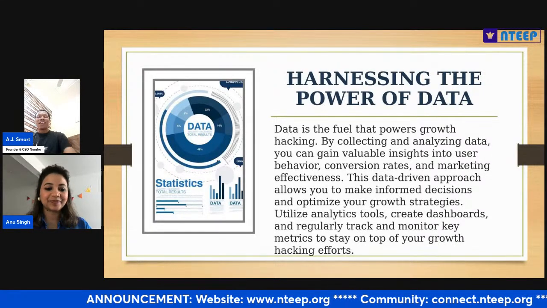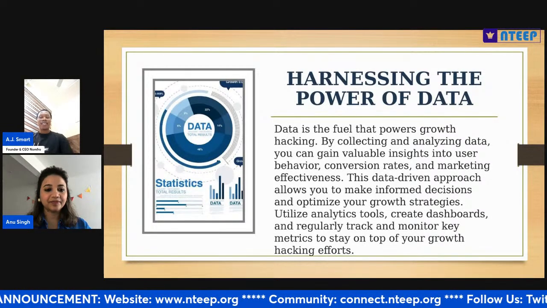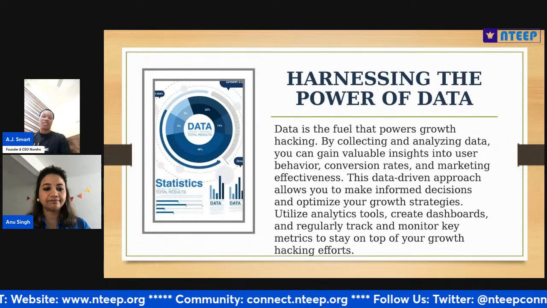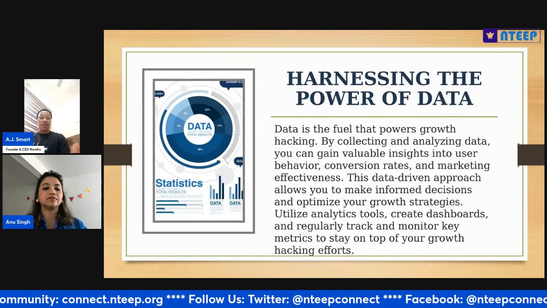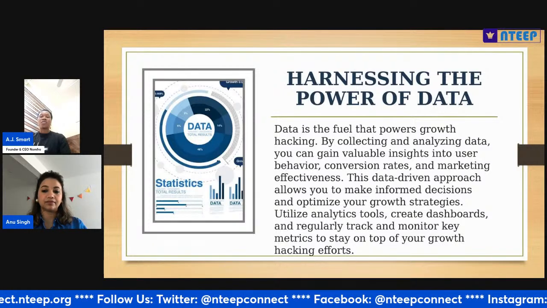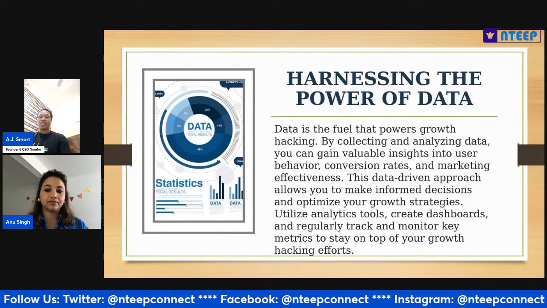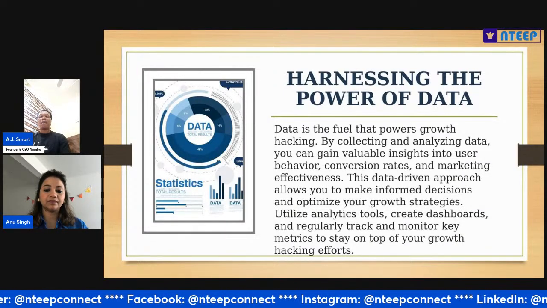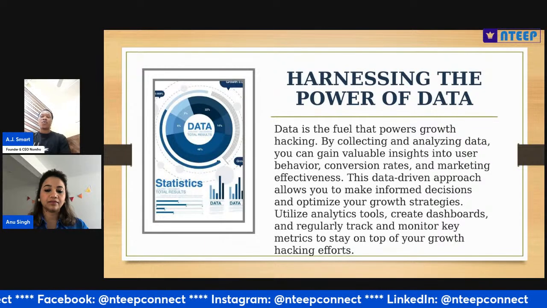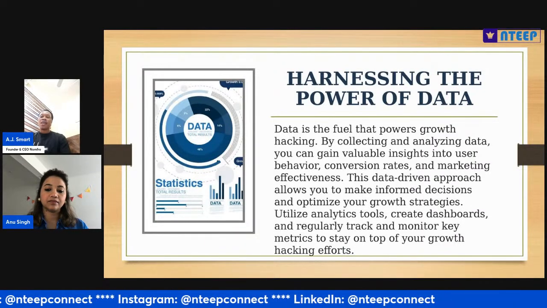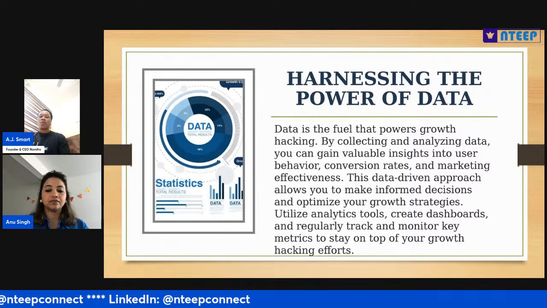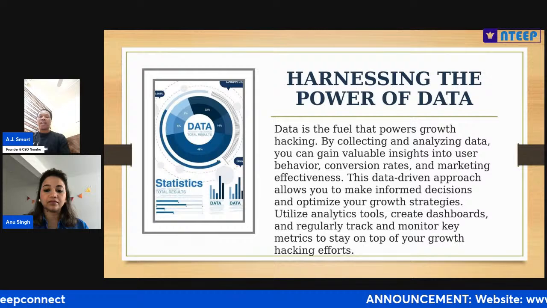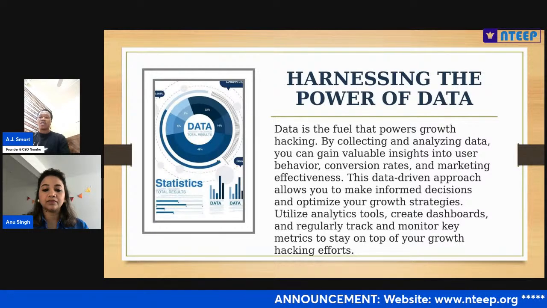So as I was saying, data is very important, and as you can see from the slide, data is the fuel that powers growth hacking. Very, very important. By collecting and analyzing data, you can gain valuable insight into your user behaviors. I mentioned that already, and then conversion rate and marketing.